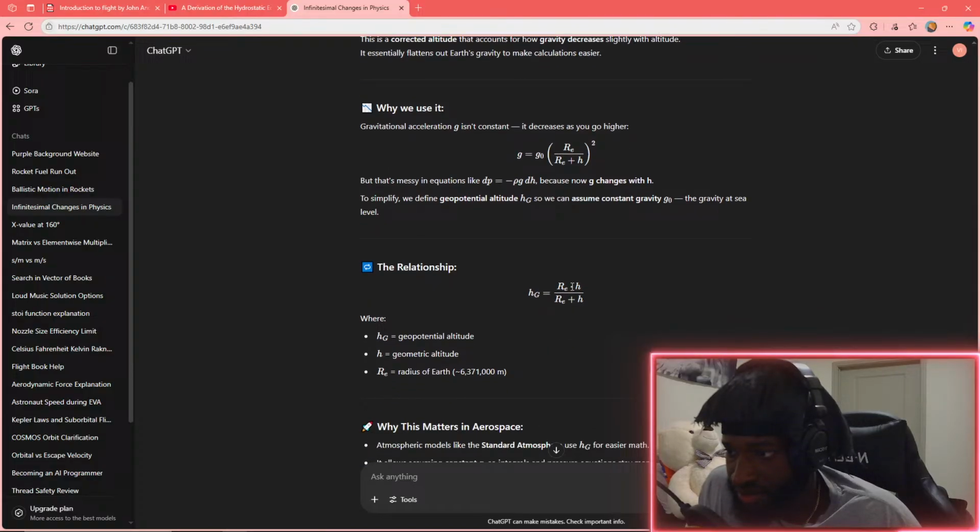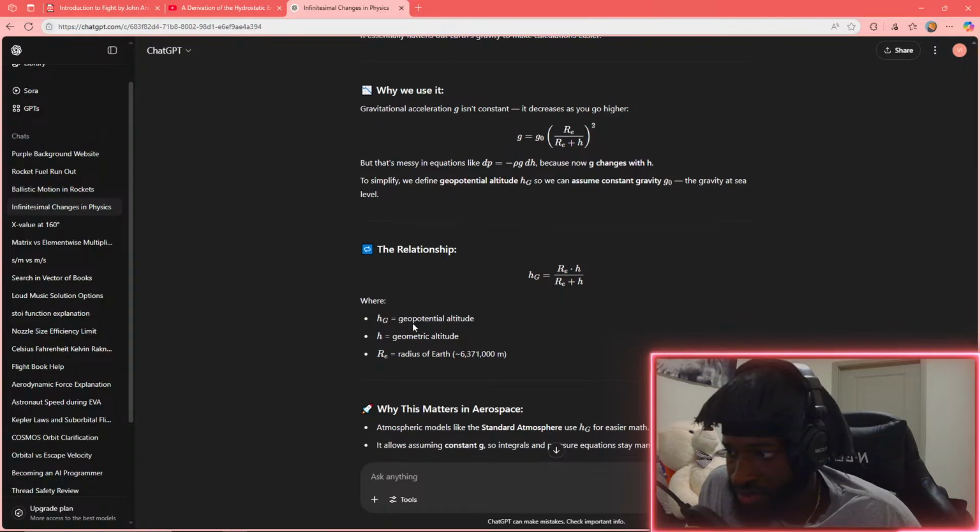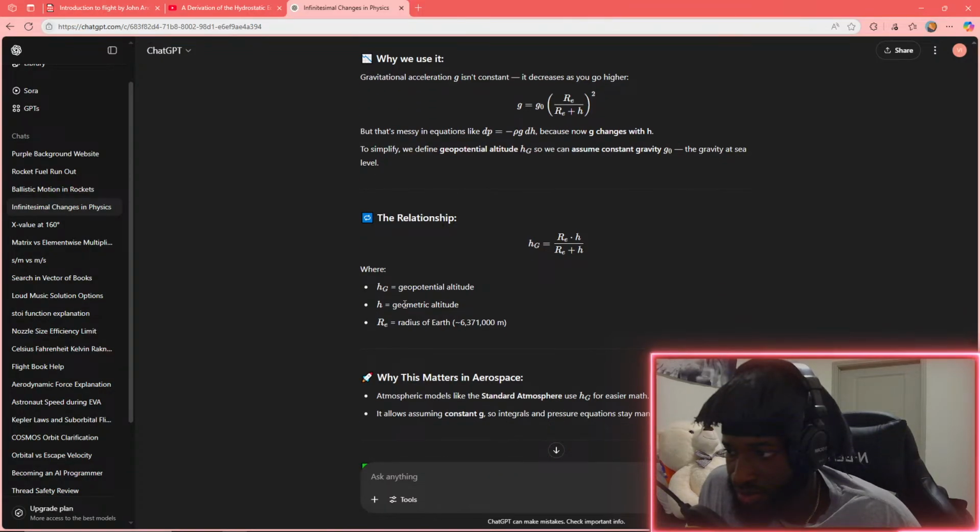Hg is equal to RE times H. Geopotential altitude is just geometric altitude times the radius of the Earth divided by the radius of the Earth plus geometric altitude.